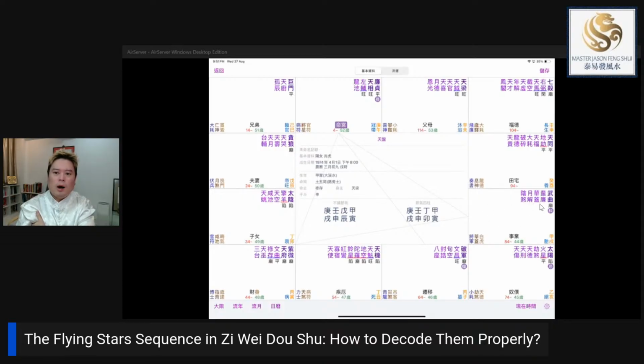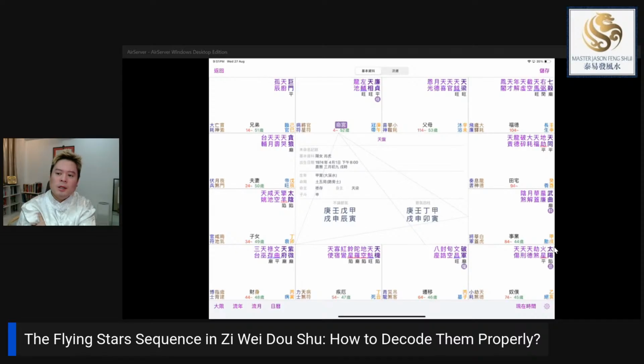So that is why you can see that this person having Wu Qu and Hua Ke means she will be able to achieve wealth through her expertise, knowledge, and skill, which is also usually related to someone who possesses a very high level of skills, usually using their hands or using certain metallic tools. Yeah. So this is how we use the flying star sequence.